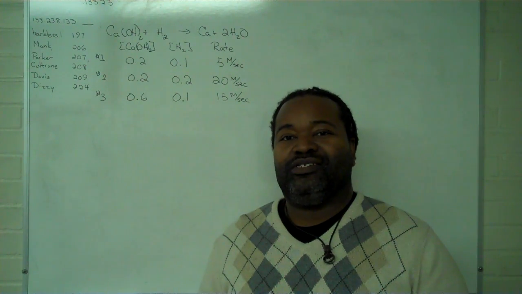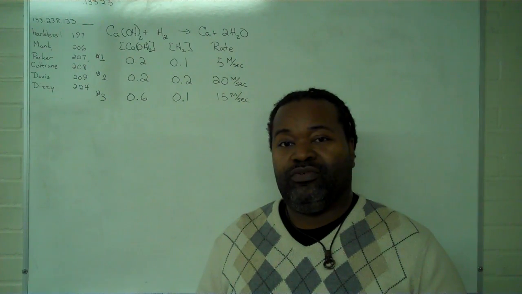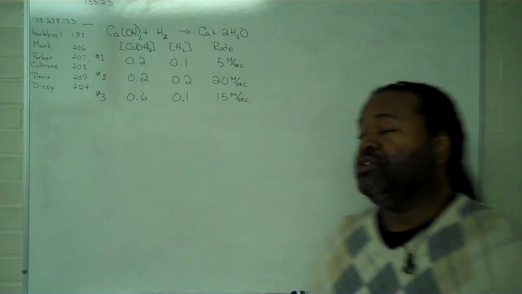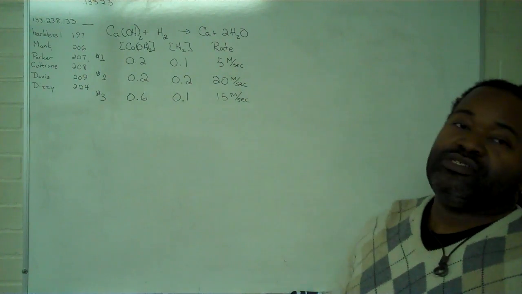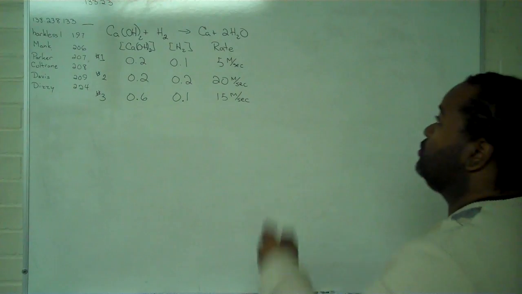This instructional video is designed to show you how to use the method of initial rates to determine the form of the rate law when you're given initial concentrations of your reactants and the initial rate of reaction.